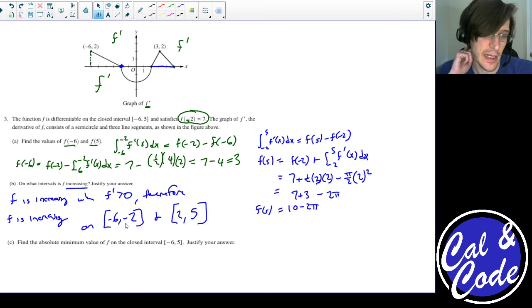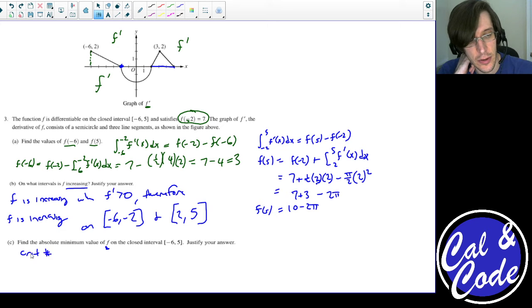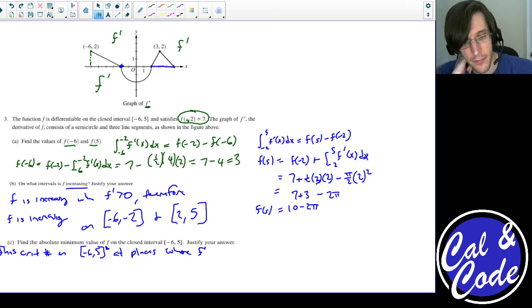Find an absolute minimum value of f. So critical numbers: f has critical numbers on the interval from -6 to 5 at the places where f prime is equal to 0.